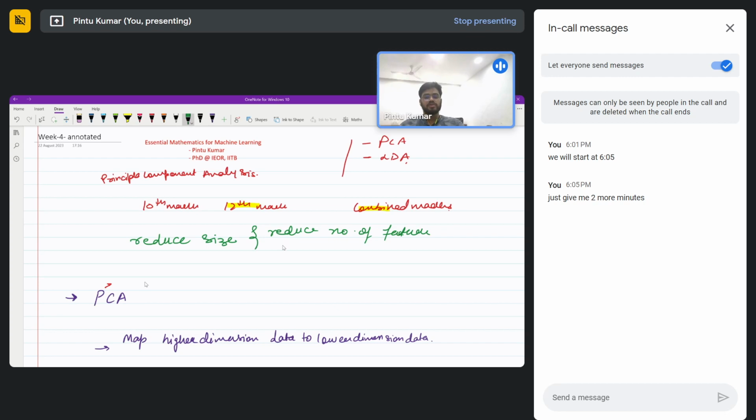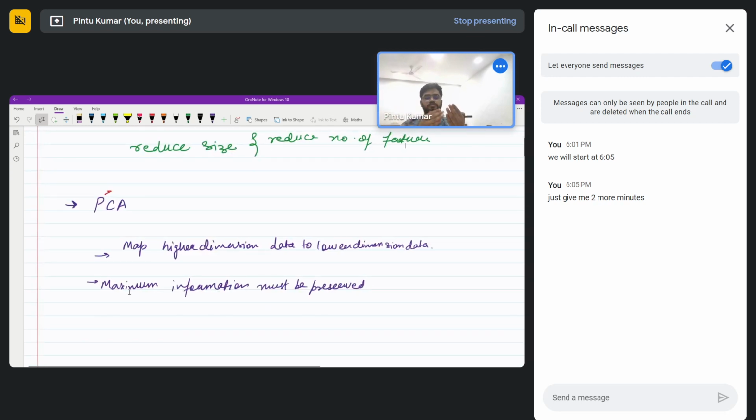These kinds of techniques are called dimensionality reduction techniques. There are two major dimensionality reduction techniques covered in this course. First one is PCA and second one is linear discriminant analysis. The idea behind PCA is to map higher dimension data to a lower dimension space. For example, if you have R10, you can map it to something like R3.